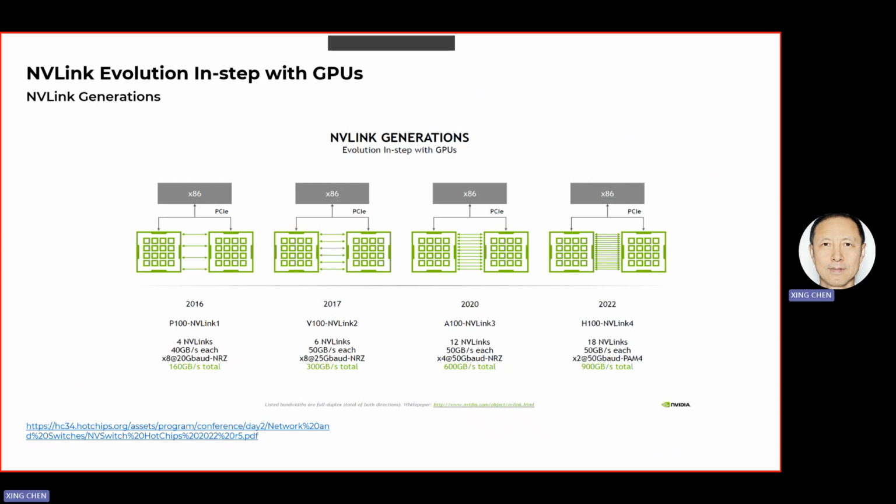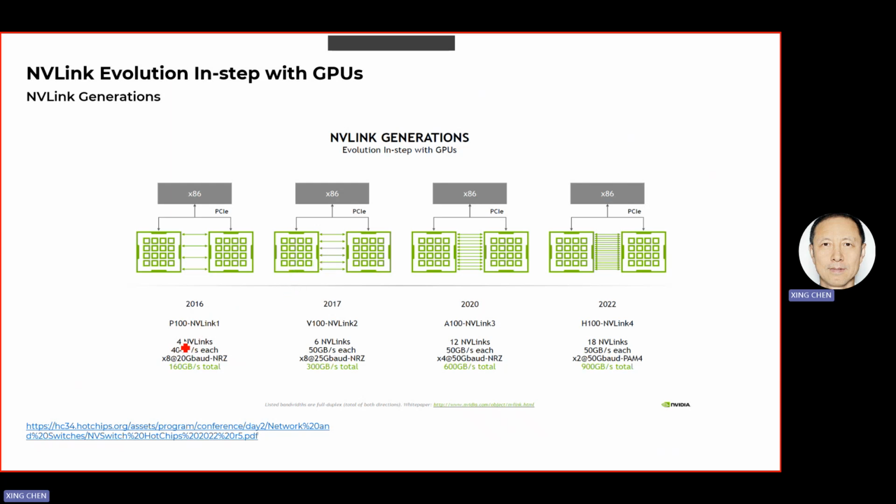So the evolution of the NVLink is in step with GPUs. This slide comes from the slide stack that Nvidia presented at the 34th Hot Chips meeting. This slide shows that since 2016, Nvidia has been evolving this NVLink technology.